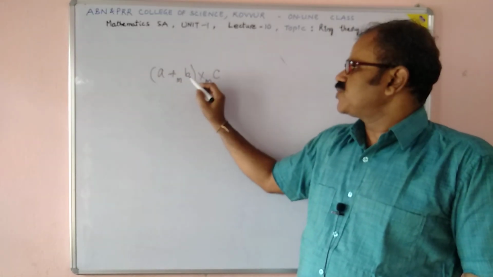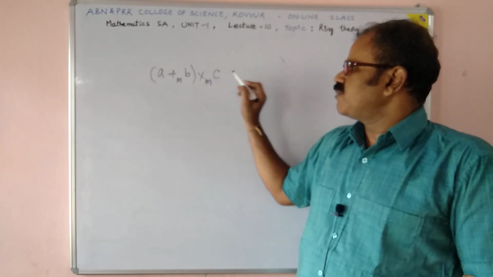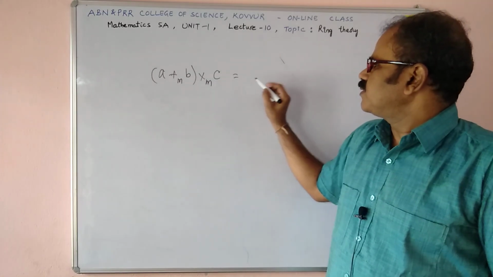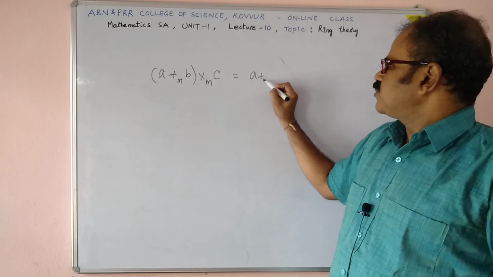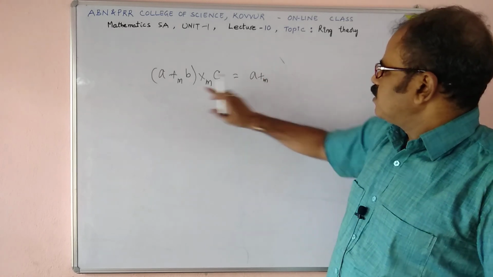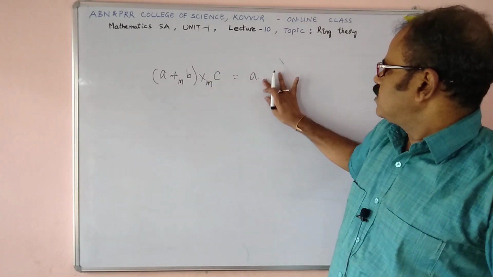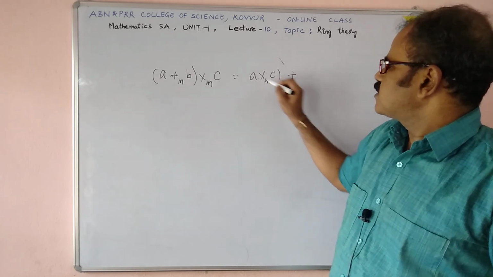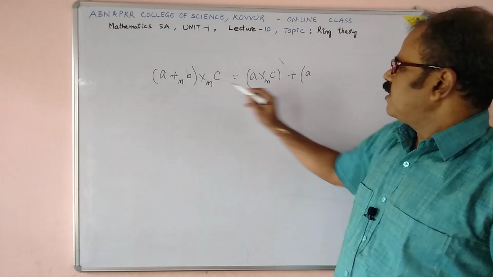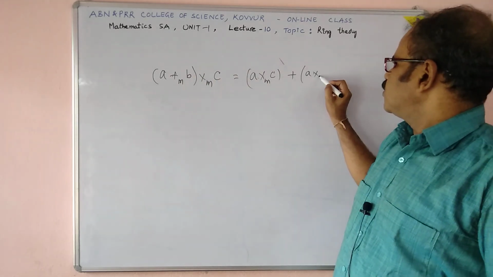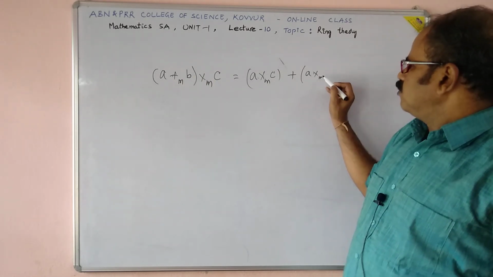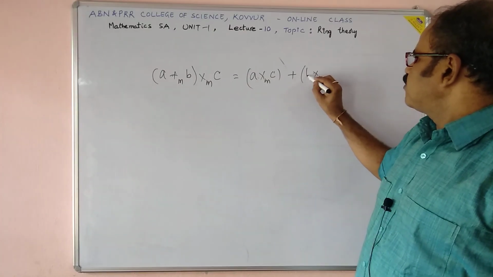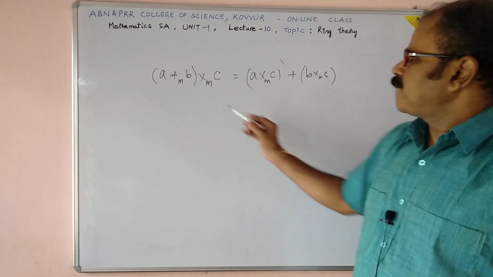A addition modulo M B, multiplication modulo M C is equal to A into C, A multiplication modulo M C, plus B multiplication modulo M C, right?